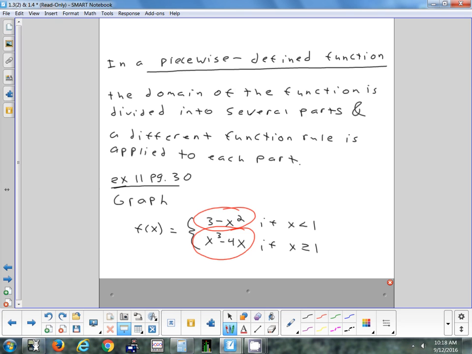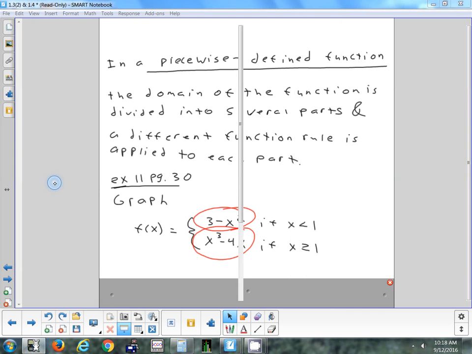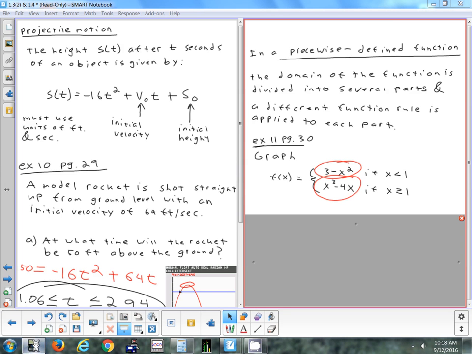Top or bottom? Yeah, top. Right? So that's the idea. Depending on x, you use a different formula. There'll never be a case where you could pick either top or bottom. It's always clearly divided. Okay, but what I'm going to show you is how you graph that on the calculator.